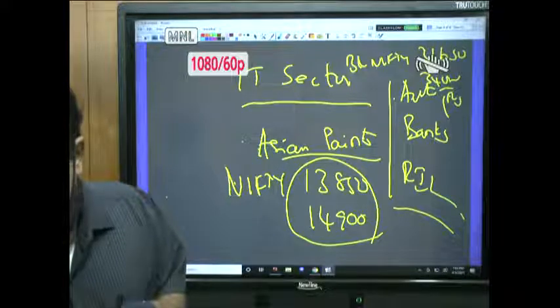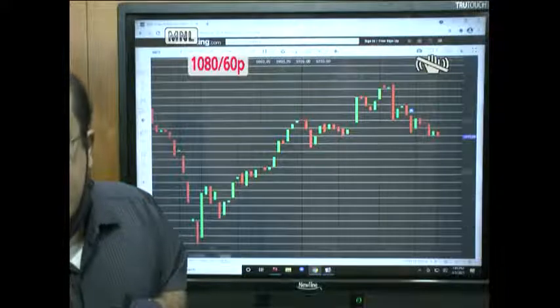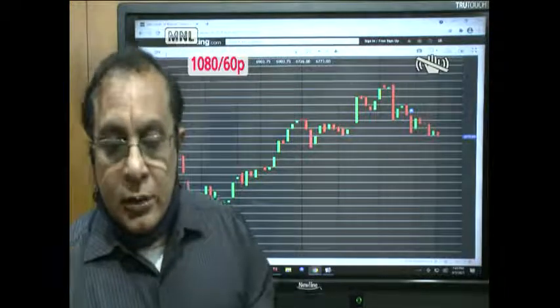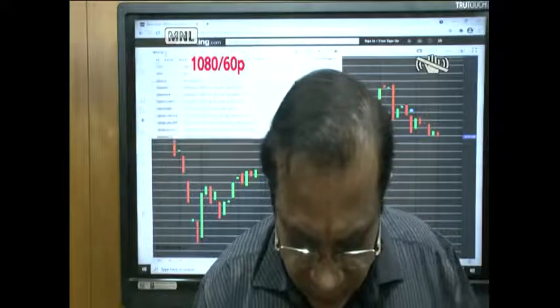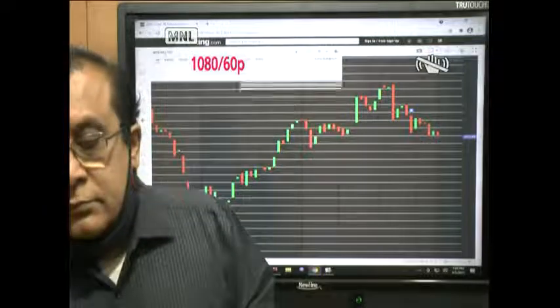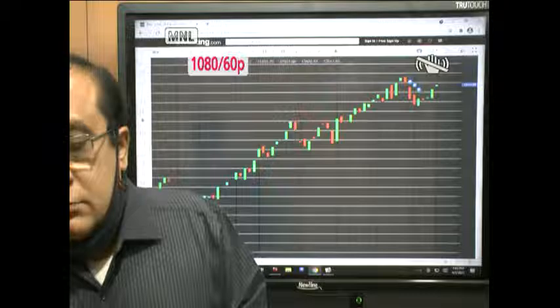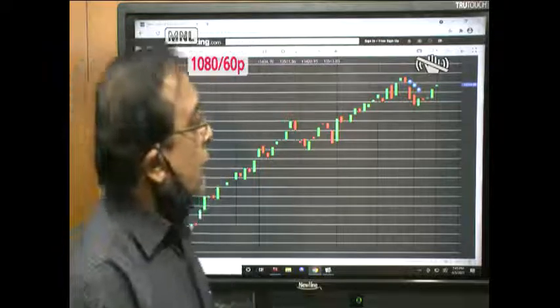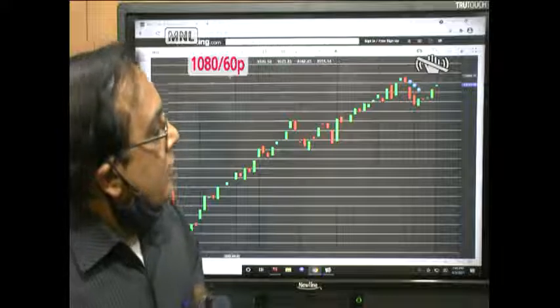So if at all you want to look at some stock, on the sector side we should look at Nasdaq 100, which is the N100 here. So I'll put up the Nasdaq 100. Nasdaq has completed its correction somewhere here.